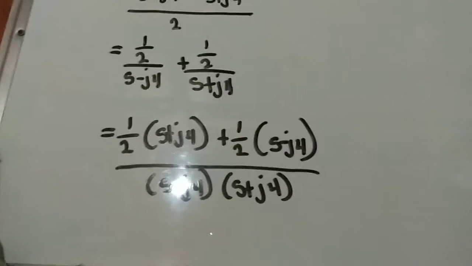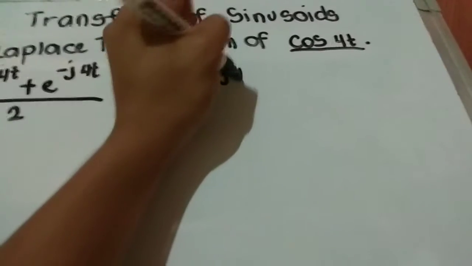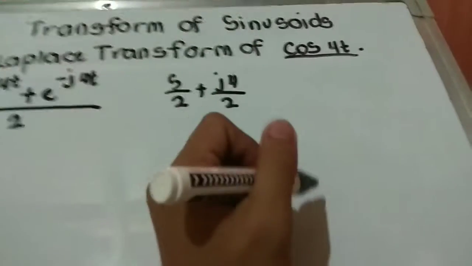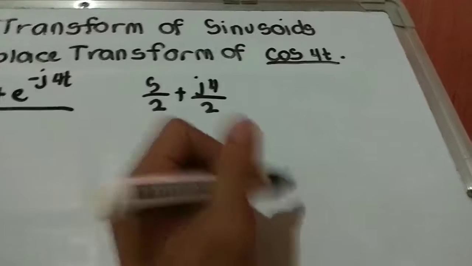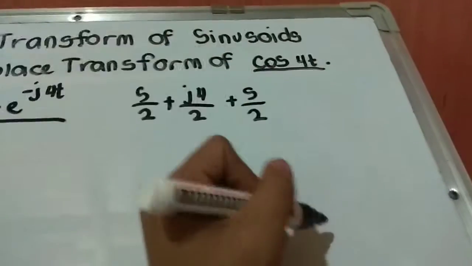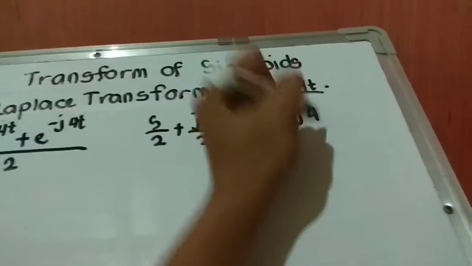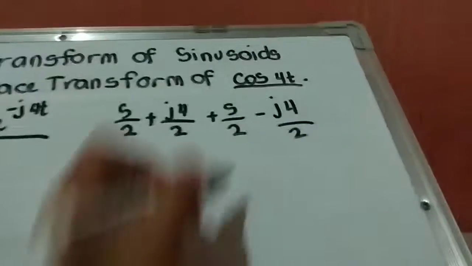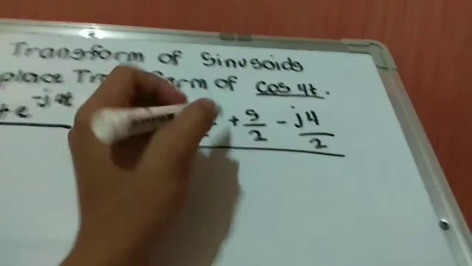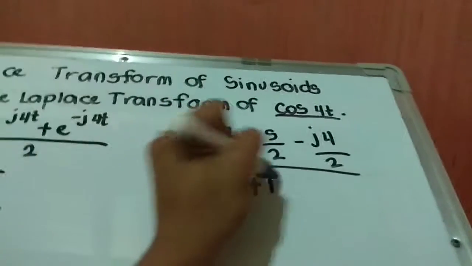So distributing the values, s over 2 plus j4 over 2 plus s over 2 minus j4 over 2, all over s squared plus 16.